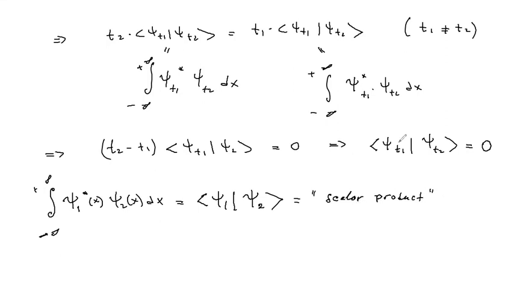And the scalar product of two eigenfunctions which correspond to two different eigenvalues is 0. I can formulate it as: state psi 1 is orthogonal to state 2. In a sense, they make an angle of 90 degrees in some vector space.